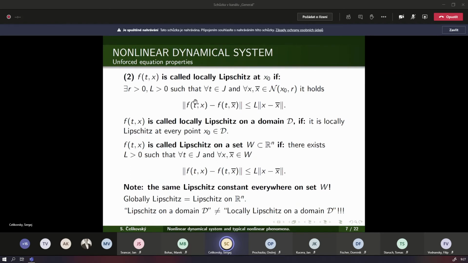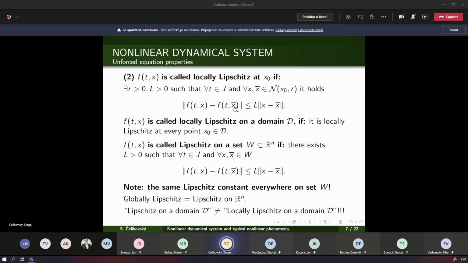So you take the right-hand side and evaluate at any point t and some point x, and then you evaluate at the same point t and some other point x bar, and both these points are in this ball-like neighborhood of our initial state. And then these are two column vectors of the right-hand side.